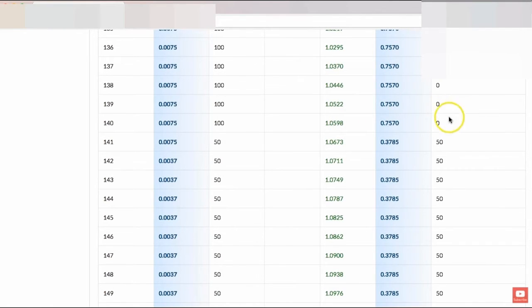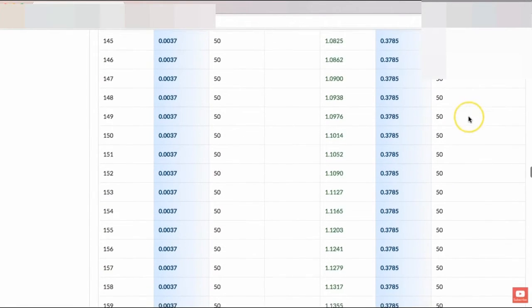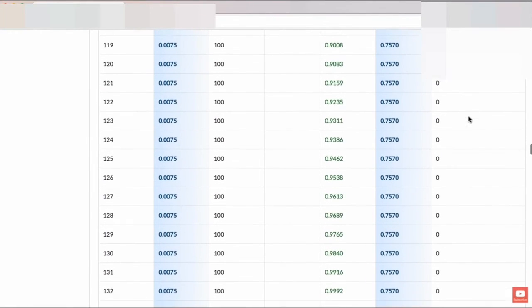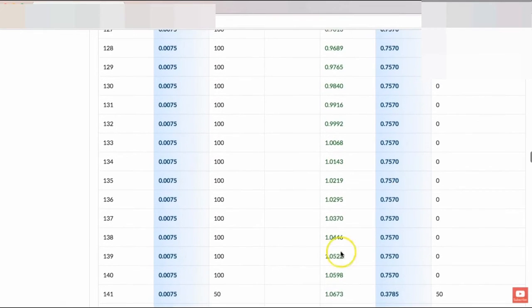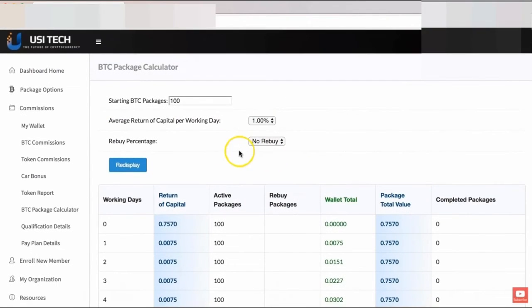And then those packages would drop off because they've reached their maturity, and they'll drop off after the 140th day. So you see that no more packages have been bought because we decided not to rebuy.